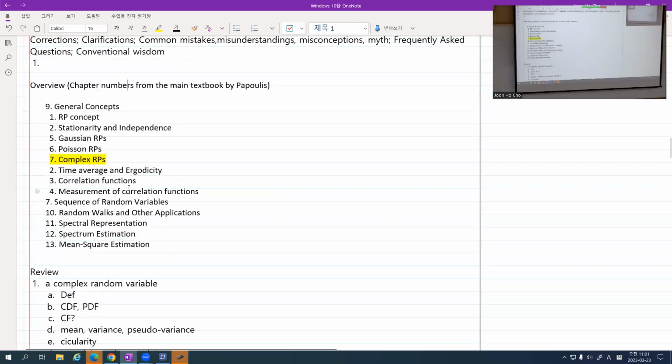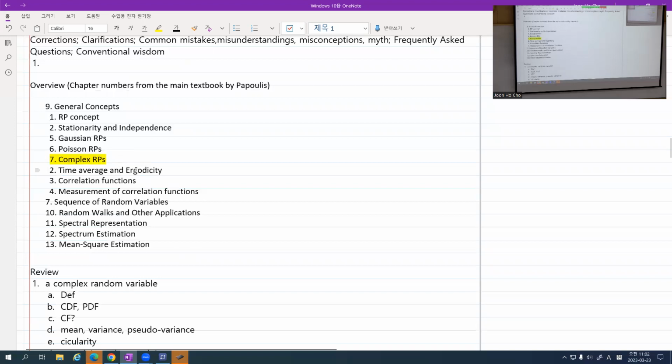So here goes the overview of this course. We are still covering chapter 9 of the Papoulis textbook, especially section 7, complex random processes. But since this course started directly from chapter 9, we didn't cover the complex random variables part and complex random vectors part.